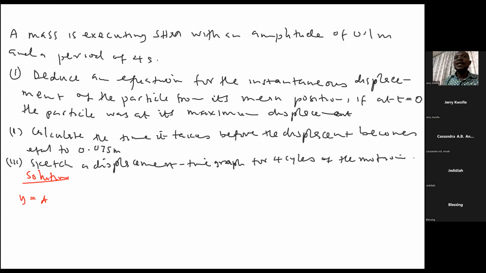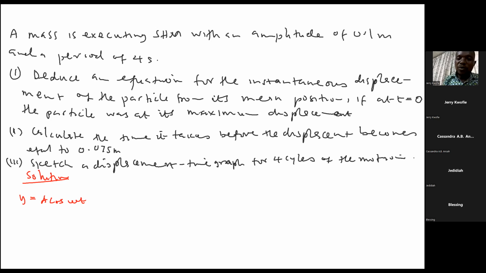That equation holds if the particle at t equal to 0 was passing through the equilibrium position. We have another expression, y is equal to a cos omega t, and this equation holds if at t equal to 0 the particle is at its maximum displacement.